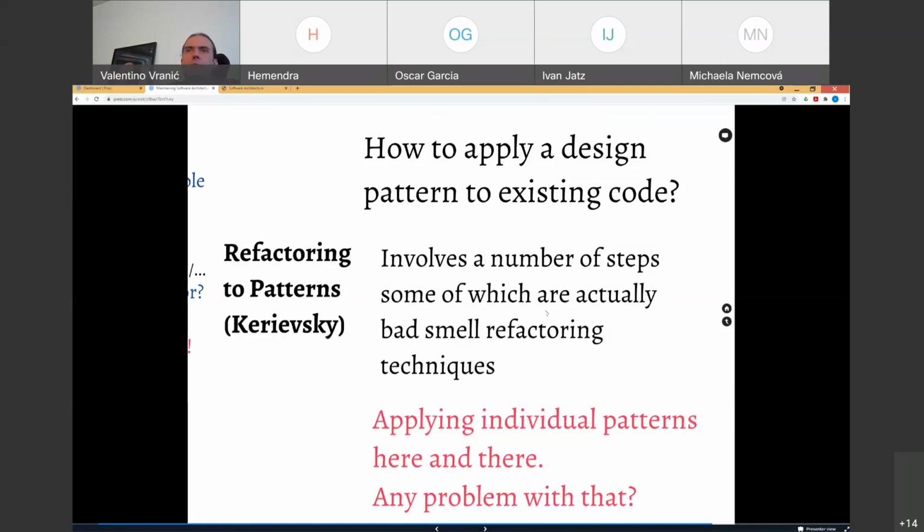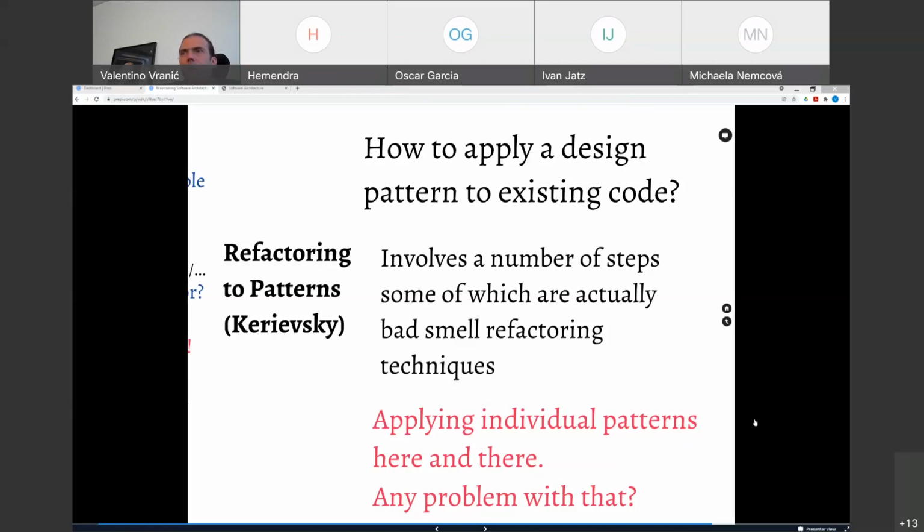As I mentioned, there might be some problem in applying individual patterns here and there. But what do you think? What's the problem there? We talked about not just patterns, but about pattern languages.